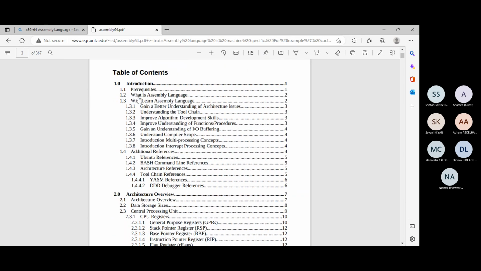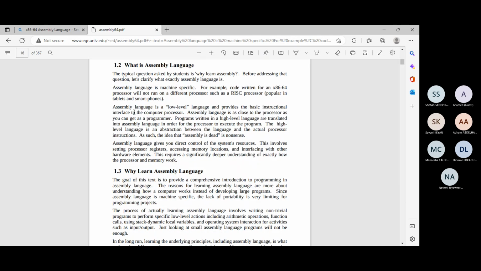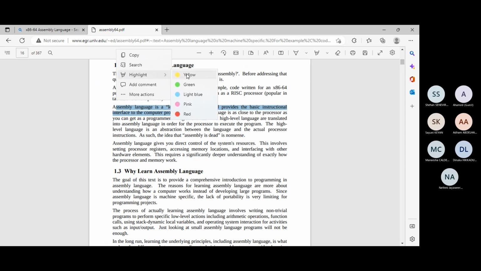You can understand what assembly language is. Assembly language is a low-level language that provides the basic instructional interface to the computer processor. That's the stuff we have discussed up to now. You already know.